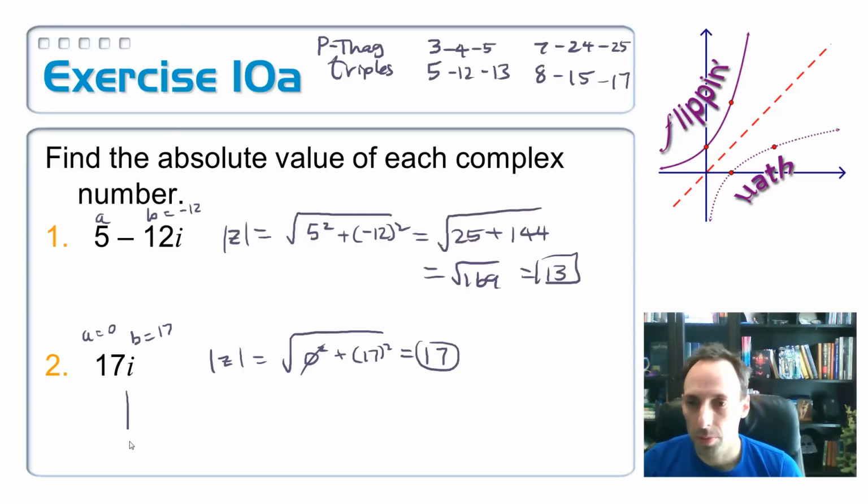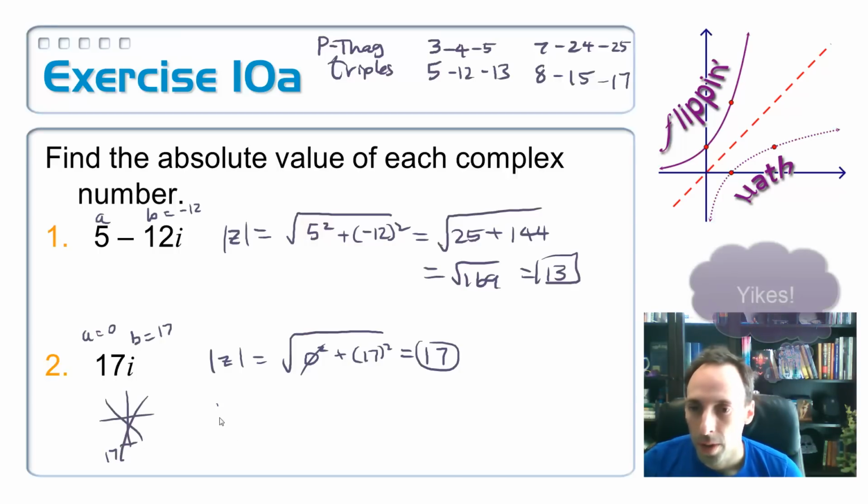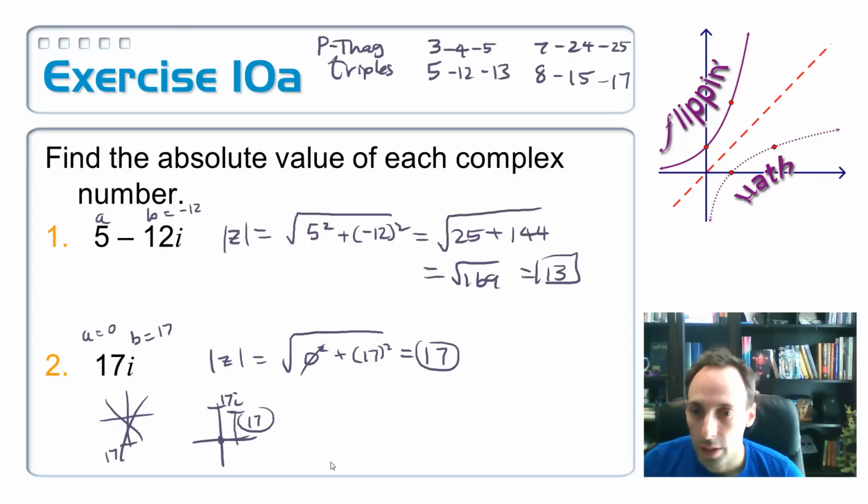That should make sense because you're going up 17 on the imaginary axis, and its distance away from the origin is a big fat 17, right?